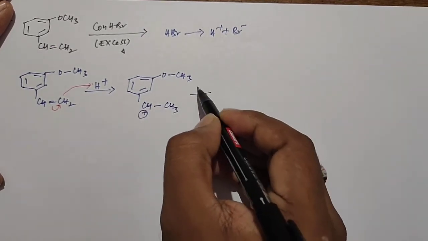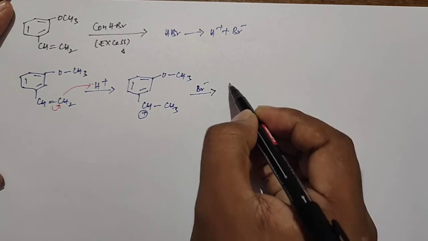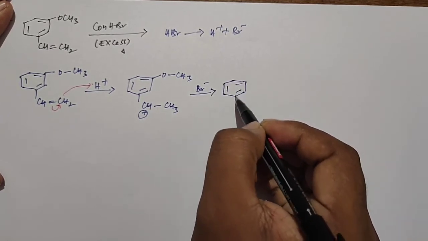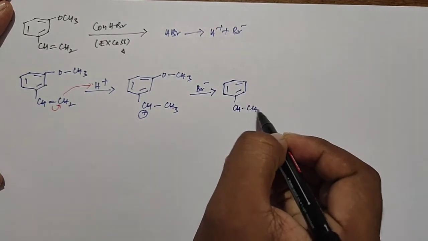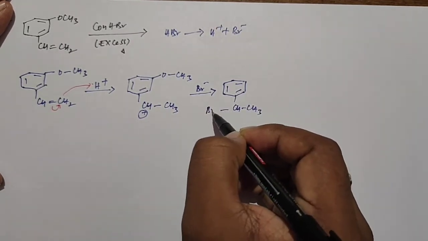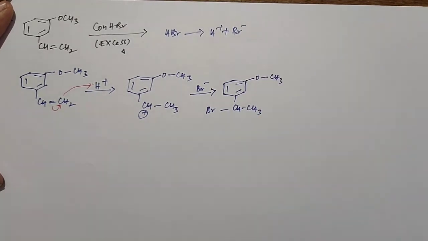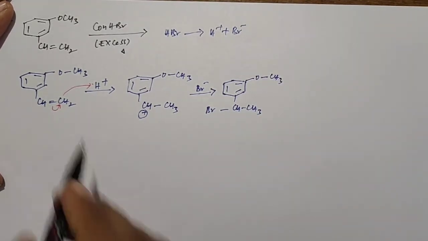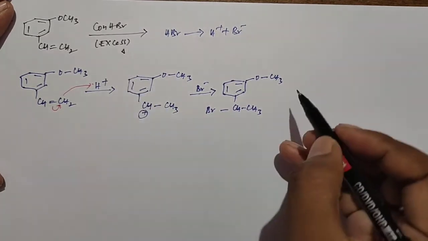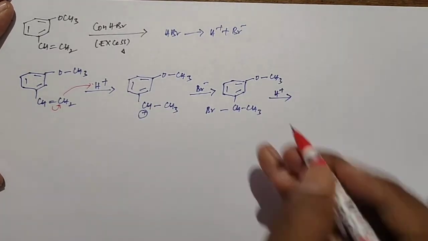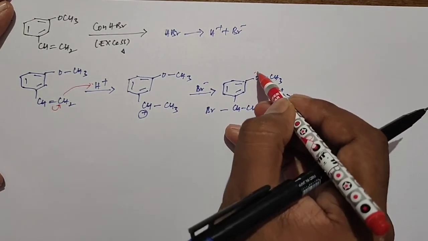After it reacts with the bromide ion, then we get this. Now the given reaction with the excess of hydrogen bromide. So this compound again reacts with the proton. At that time, at this oxygen we have the two lone pair electrons.